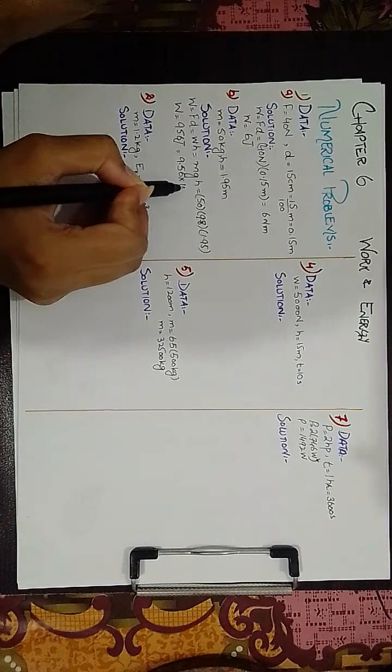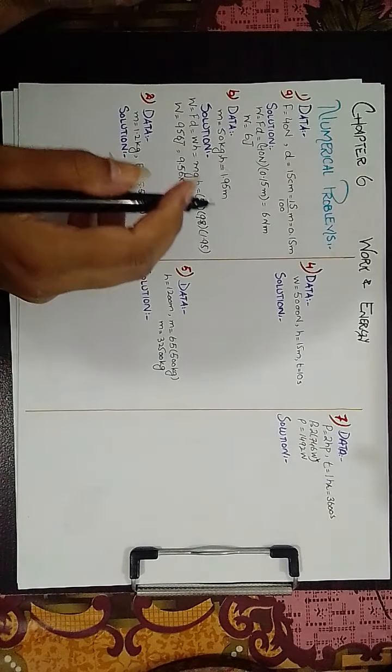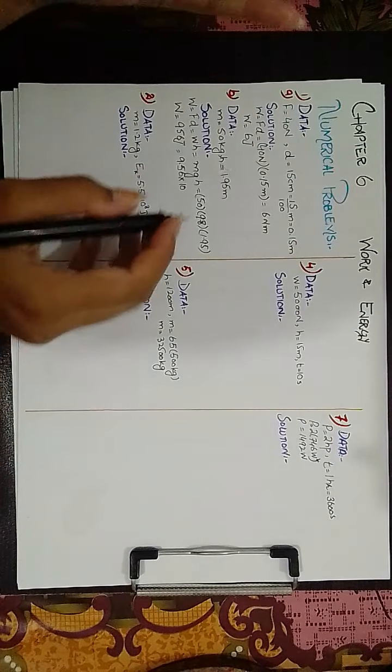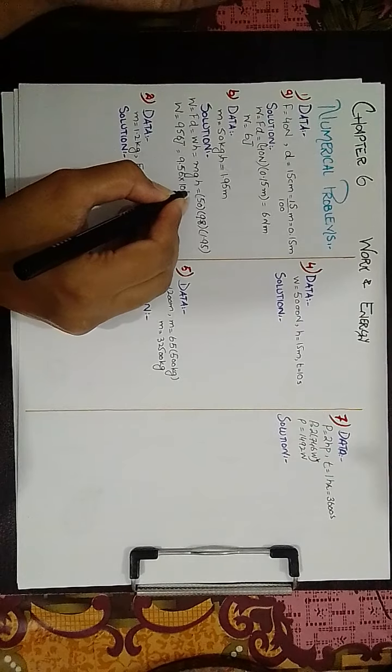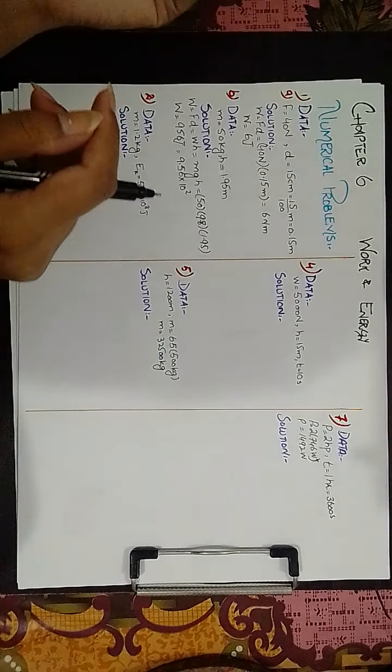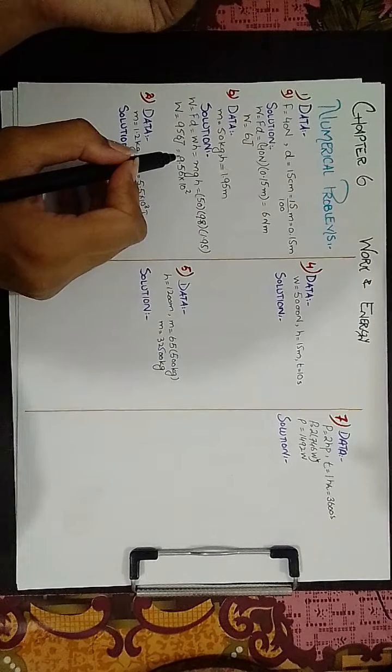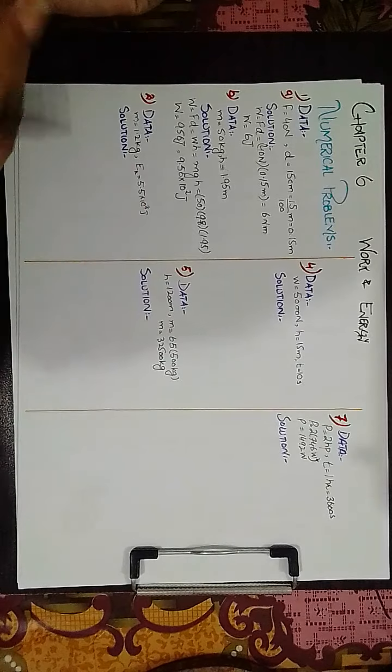9.56 into 10 raised to the power, as we have moved the point to the left, it would jump 2 times, so the power would be 2, and as we have moved it towards the left, the power would be positive, into joules, right?